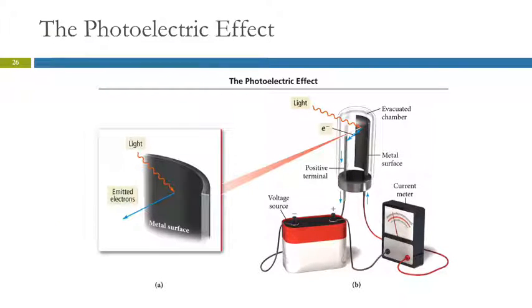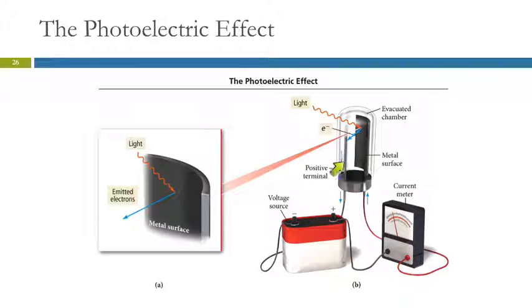This is the sort of setup where you might measure something like this. So we have light striking this metal surface. The metal surface is inside this, like a bell jar. It's an evacuated chamber. You need to get the air out of there because if the electrons hit the air molecules, then they're going to get absorbed by that and you're not going to be able to detect them.